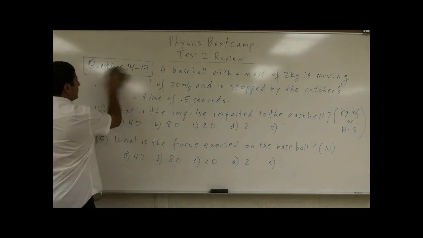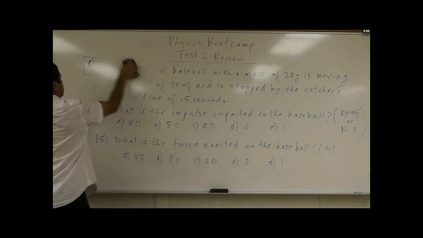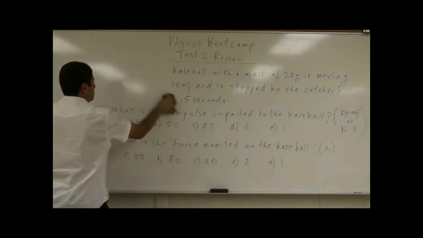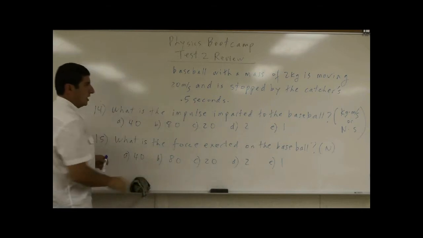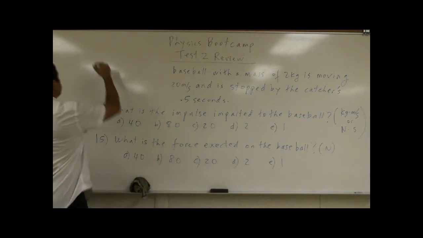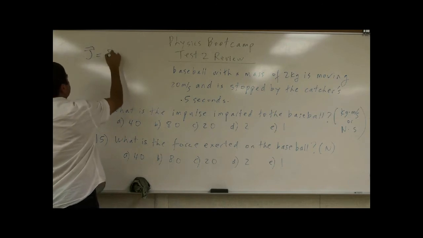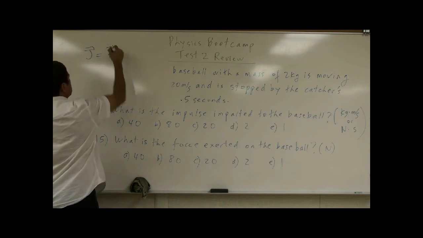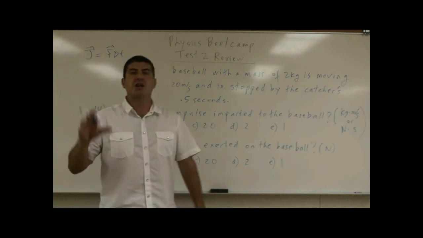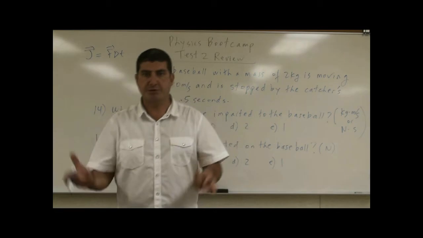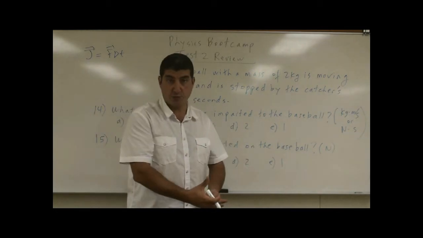So let's erase some of this. Okay. So how do we find the impulse? Impulse, whose symbol is J, is defined as the force times delta T. Basically, impulse is the product of how much force you exert on something times the time interval that you are in contact with it.